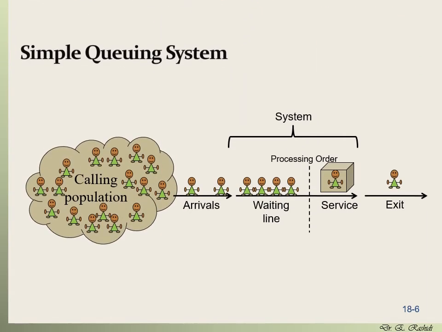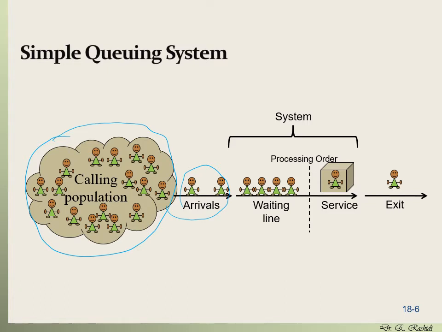This is a simple queuing system that is illustrated here. What is called the calling population, or the source of population, the people coming from, as we learned before, we can consider it to be a finite or infinite number of people. And the customers who are going to arrive in the system come from this source.